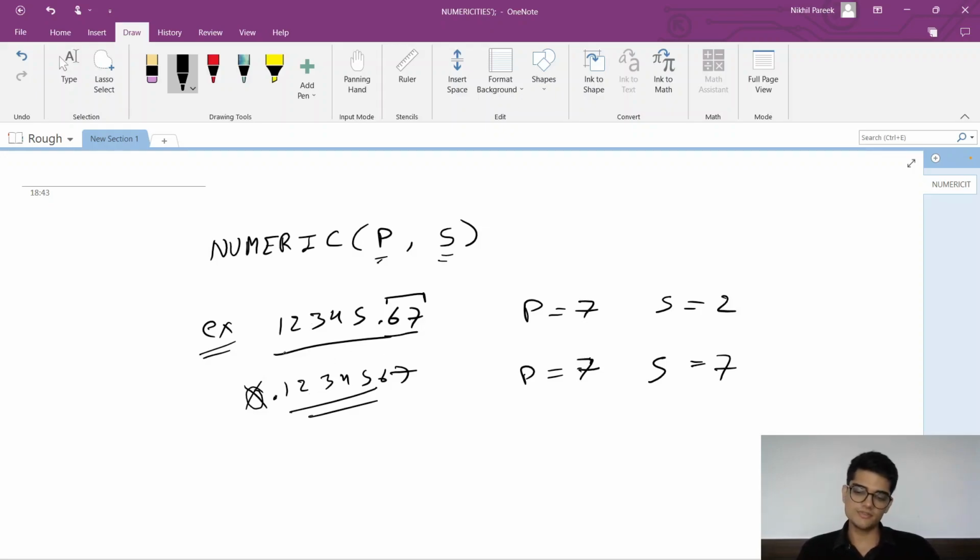What if we want to store both of these values? What should our precision and scale be? We only declare precision and scale once, and after that we can store multiple values in that data type. So we have to declare a data type that is able to store 12345.67 and 0.1234567.